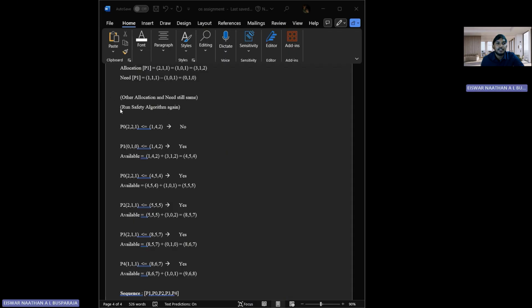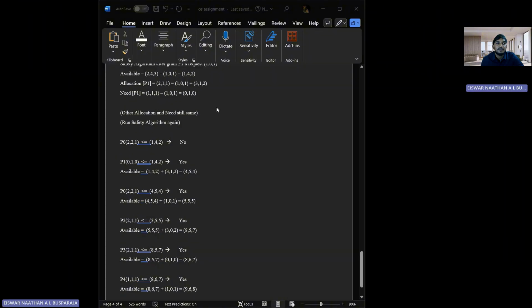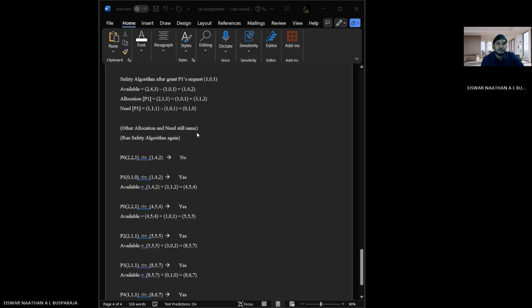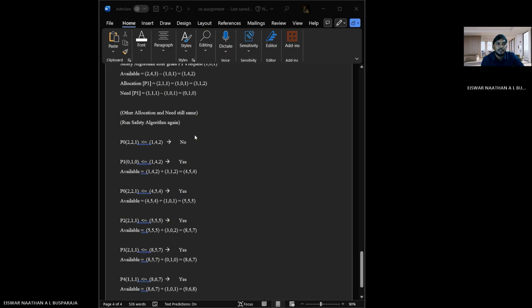For the other processes, allocation and need are still the same because only process 1 changes. So now we have to run the safety algorithm again.